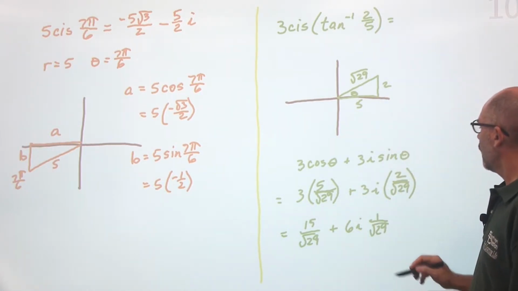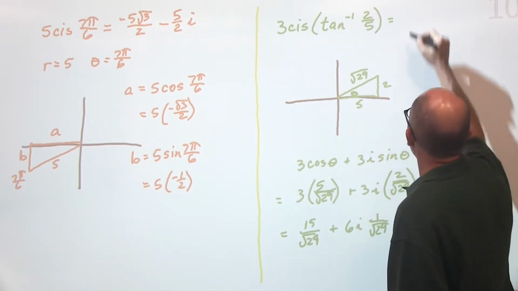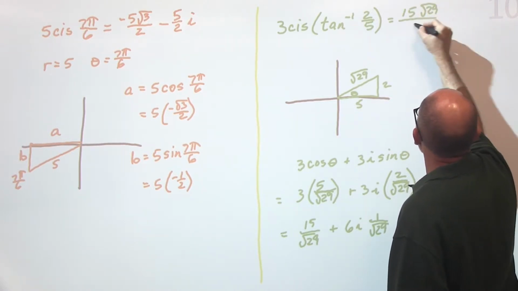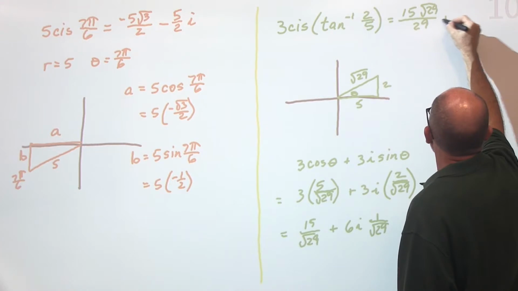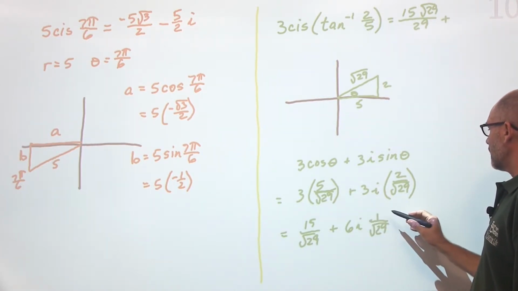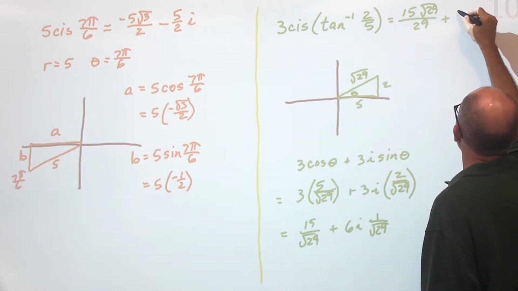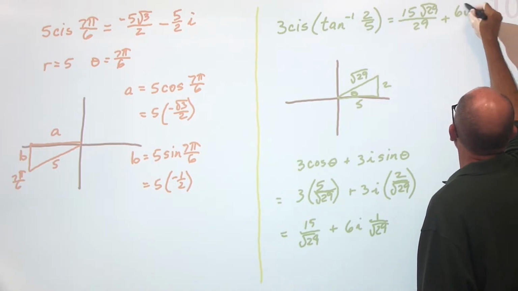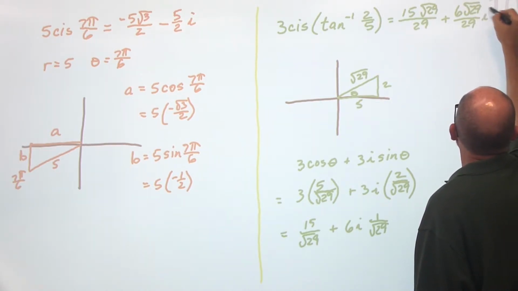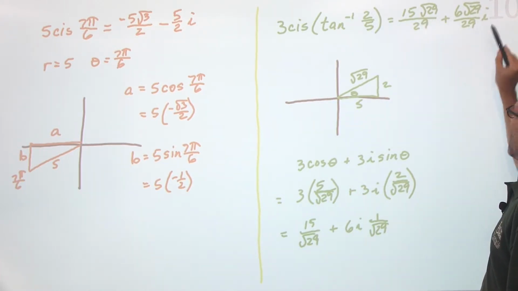All right, so what we're going to do is just multiply by square root of 29 over square root of 29. So we have 15 square root of 29 over 29 plus 6 times square root of 29 over 29 times I. So once again, we have A plus BI.